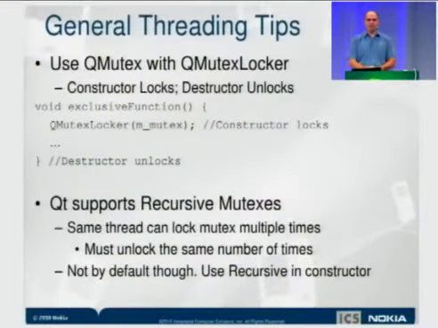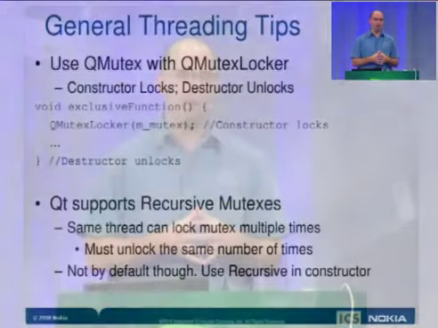Generally with mutexes, you're not allowed to lock them twice, even inside of your own thread. But with the QMutex, on construction, you can pass it the recursive parameter, so that you can make a recursive mutex that, within the same thread, only the same thread, you can lock multiple times. Just be sure to unlock it exactly the same number of times that you have locked it.